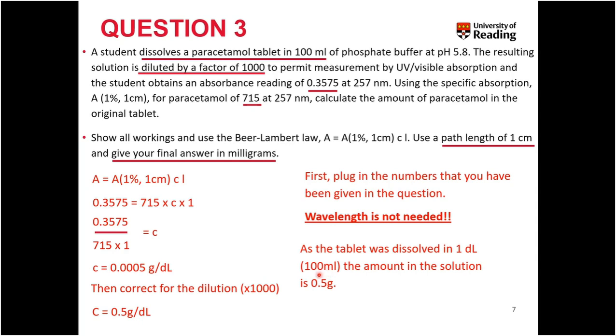As we have a solution that has a concentration of 0.5 grams per 100 ml or per deciliter, this means that the amount dissolved in the solution is 0.5 grams, and therefore the amount of paracetamol in our tablet was 0.5 grams. However, you've been asked to give your answer in milligrams, and therefore you need to do a final conversion. So you convert from grams to milligrams by multiplying by 1,000. And you'll get that you have 500 milligrams in the original tablet.